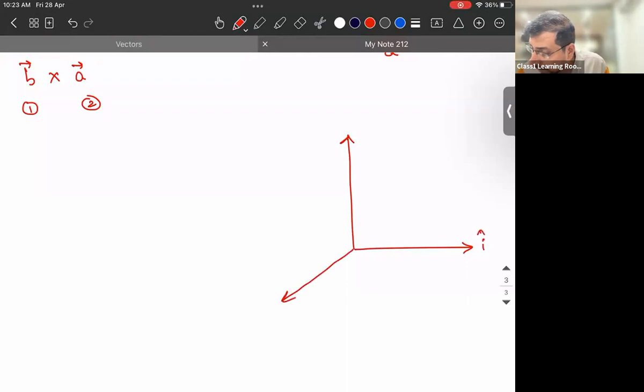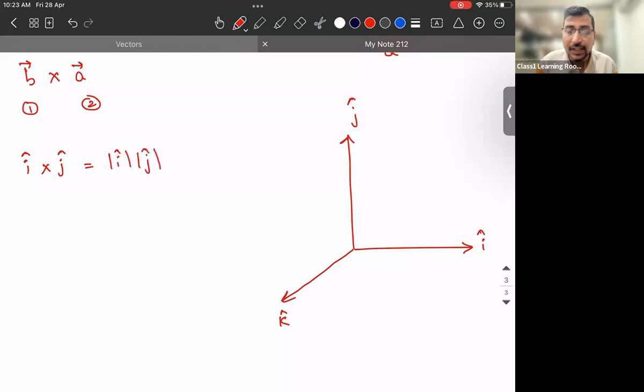So this is I cap, this is J cap, and this is K cap. Whenever I draw it like this, it is towards you. Now I'm giving you a question: what is I cap cross J cap? It is magnitude of I cap into magnitude of J cap into sine of the angle between both.